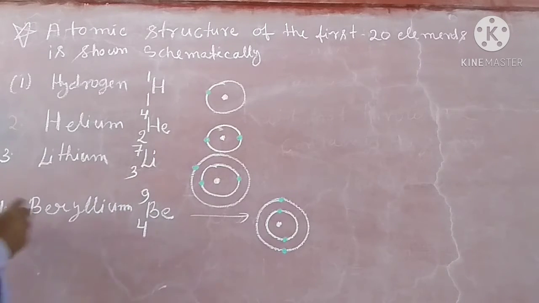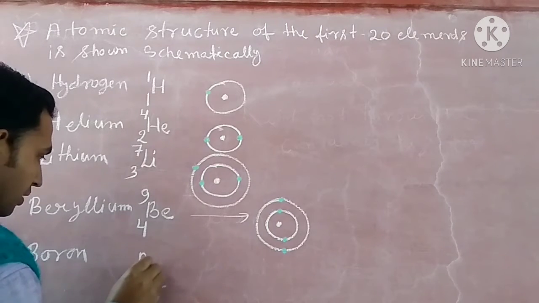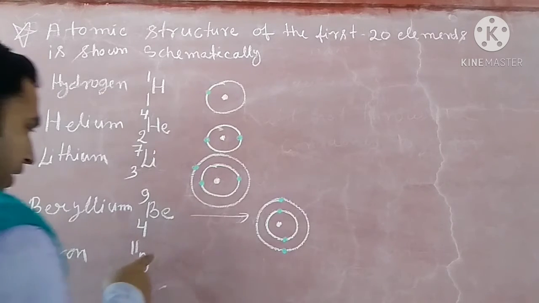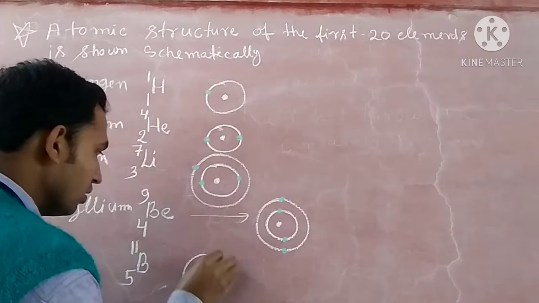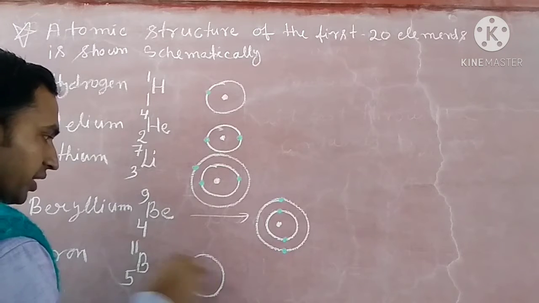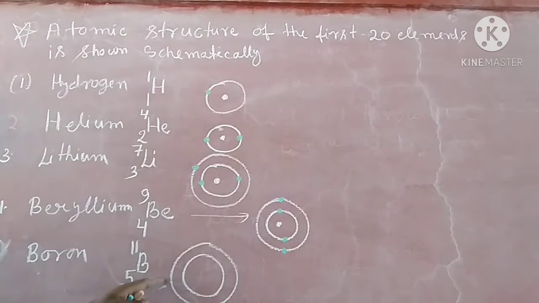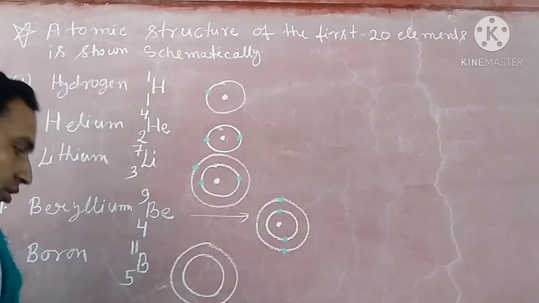Similarly, boron. Next, the name of the element is boron. The symbol is B. Atomic number 5, mass number 11. The diagram: the first cell is known as the K cell, this is known as the L cell.